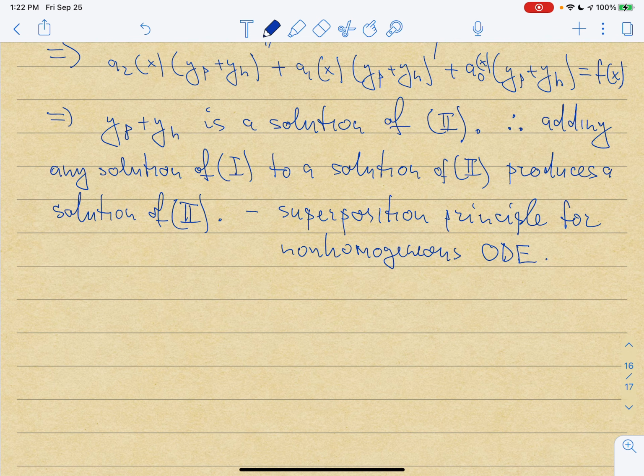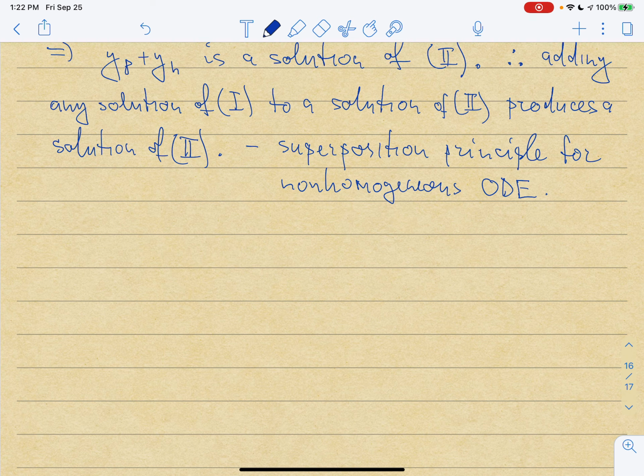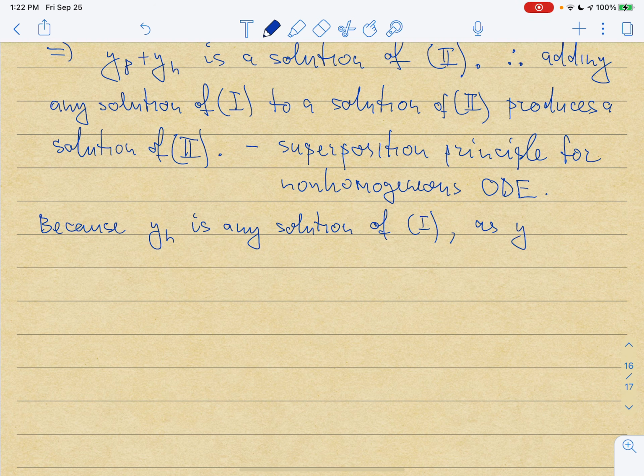Okay? And now because yh is any solution of 1, as yh we can use the general solution of the homogeneous equation 1.